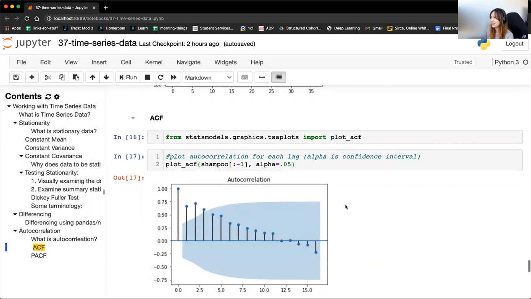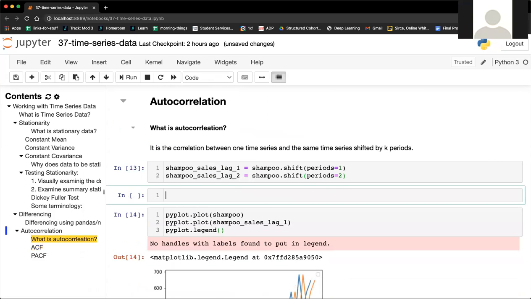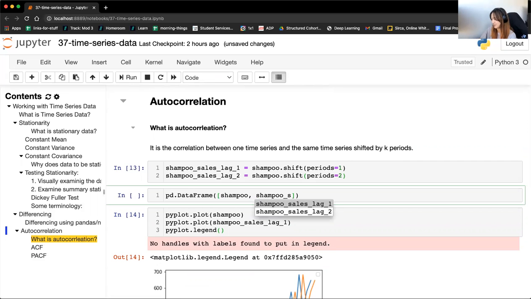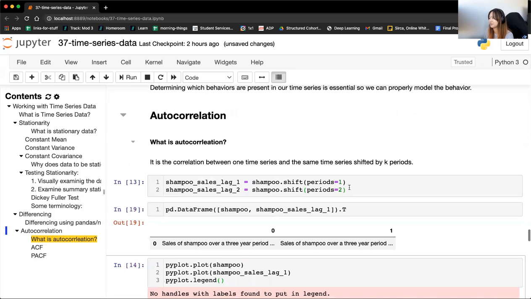Yeah, so I think a better example would be to do something like this. Let's do a pd.DataFrame of shampoo, and then shampoo sales lag 1, and let's transpose that.